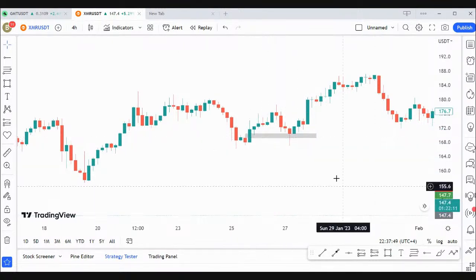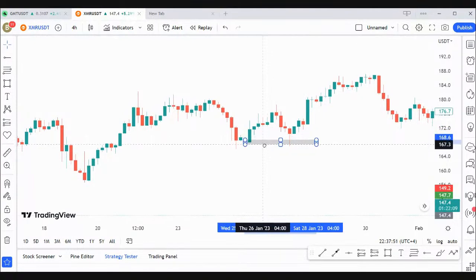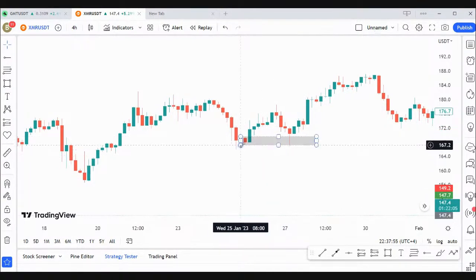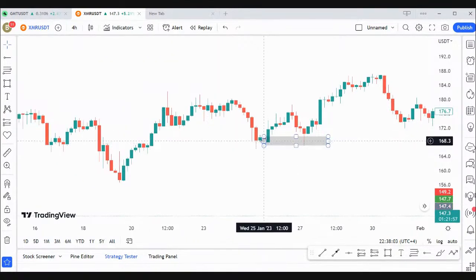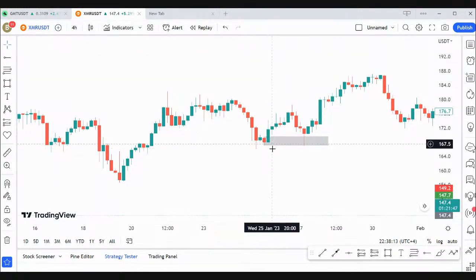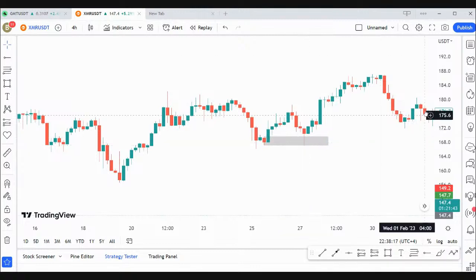Note that this is also an order block, the last sell candle before the buys. You can see that the order block was valid because there is a gap here. Price came here and filled this gap before the buy.